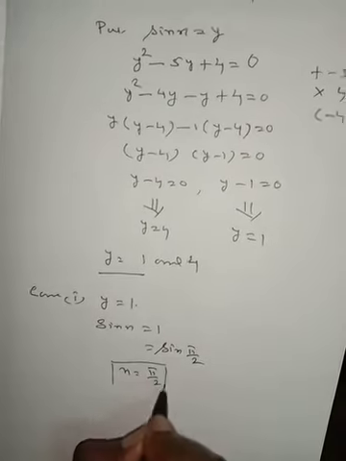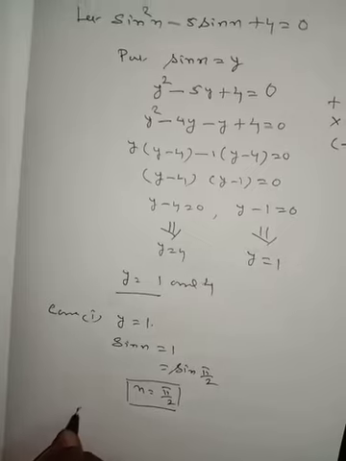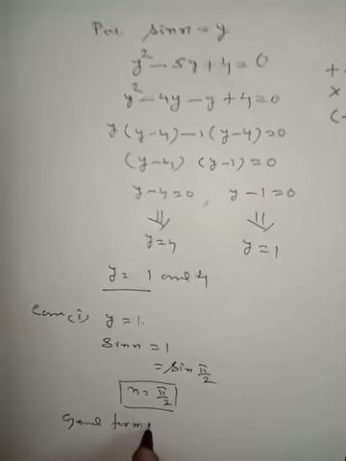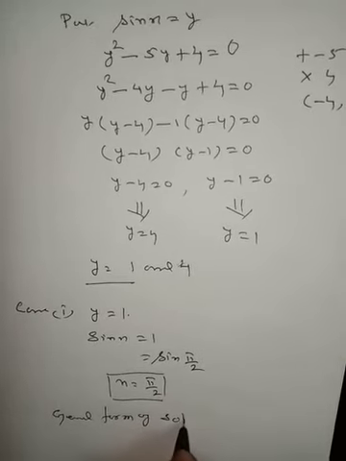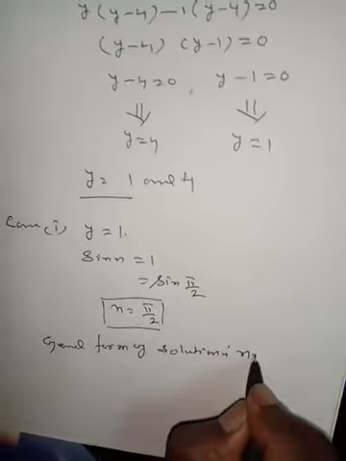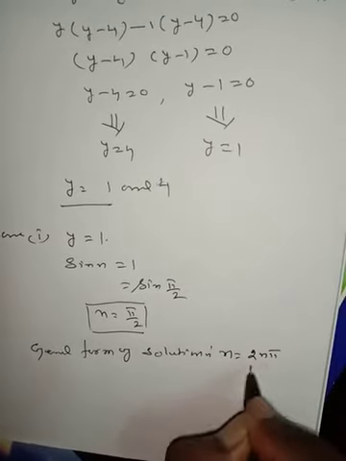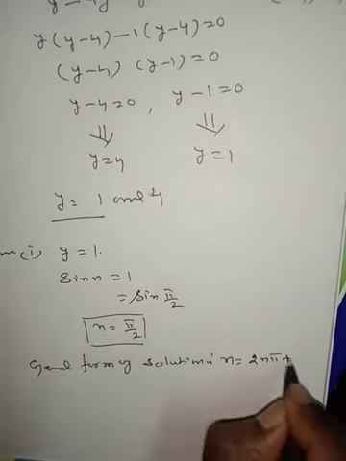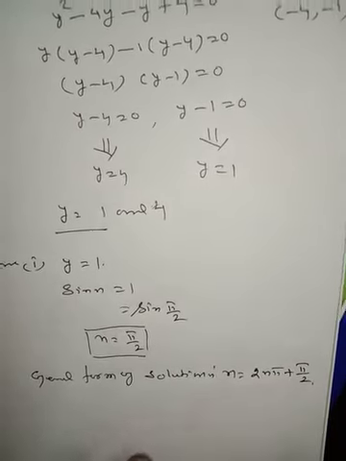The general form of solution, on complete rotation, is x is equal to 2n pi plus pi by 2.